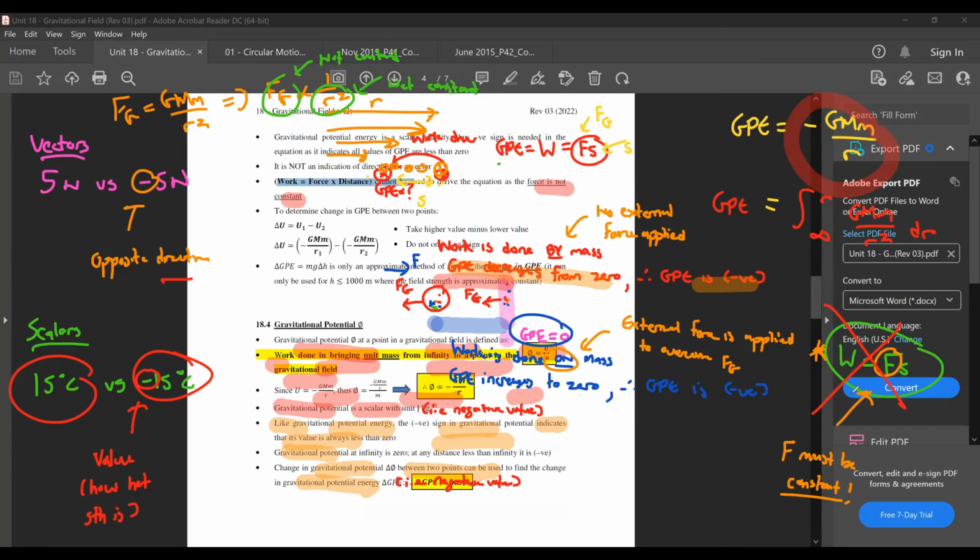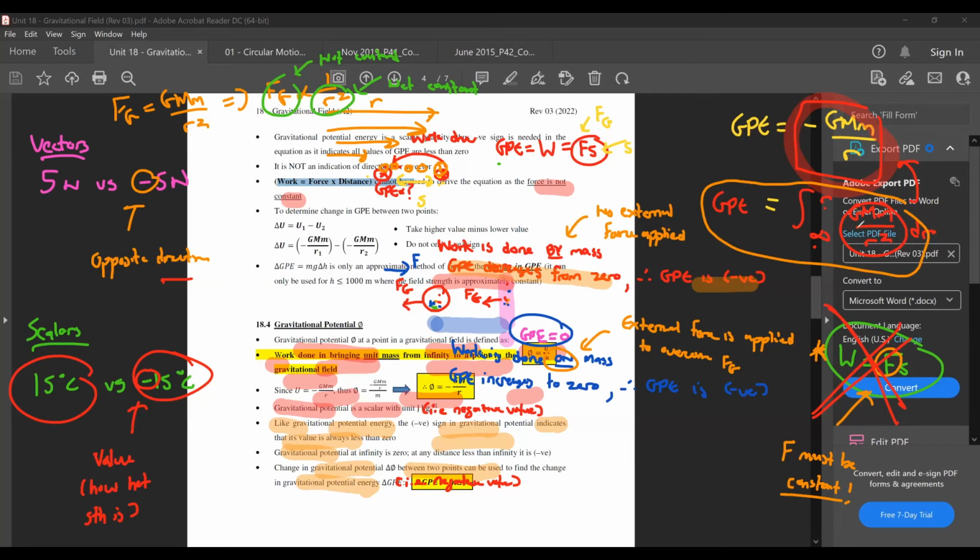But because the force is not constant, we cannot use W equals Fs. Instead, we integrate the function GMm over r squared from infinity to r with respect to r. If you do the integration, you will get this. This is the actual way they got the expression for GPE at a point.